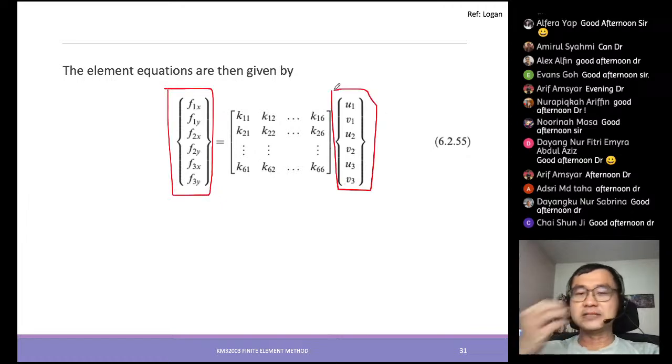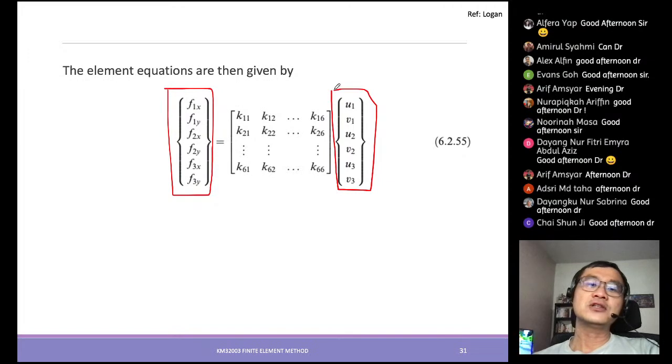This is for us to solve for the displacement itself, because from the displacement we can get the strain, and from the strain we can get the stress.